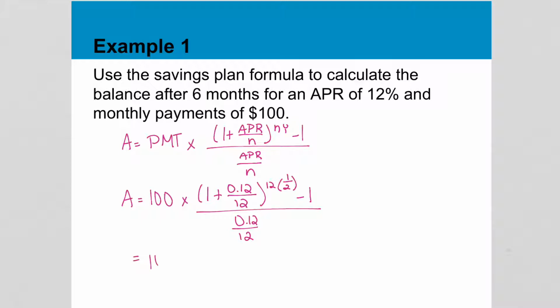Okay, so let's simplify as much as we can. 0.12 divided by 12 is 0.01. Add that to 1, and we get 1.01. 12 times 1/2 is 6. And 0.12 divided by 12 is 0.01.